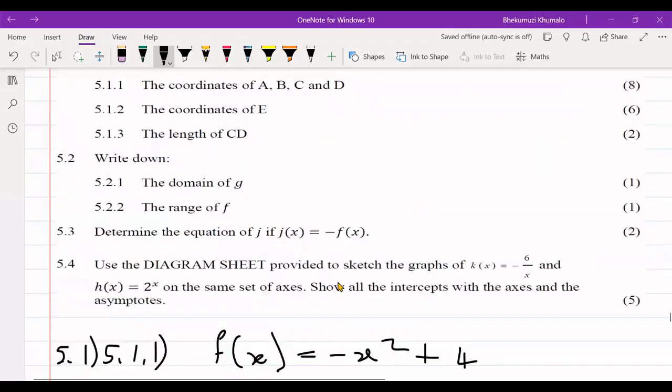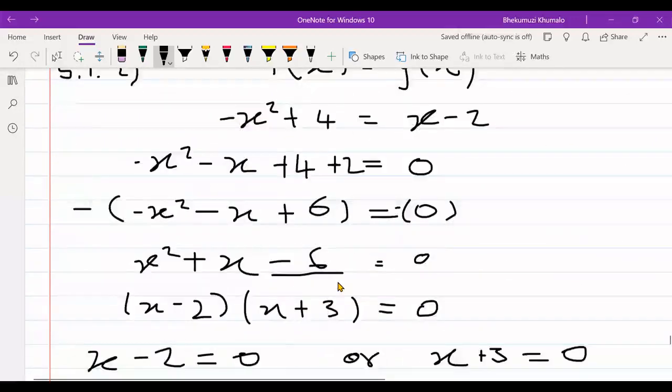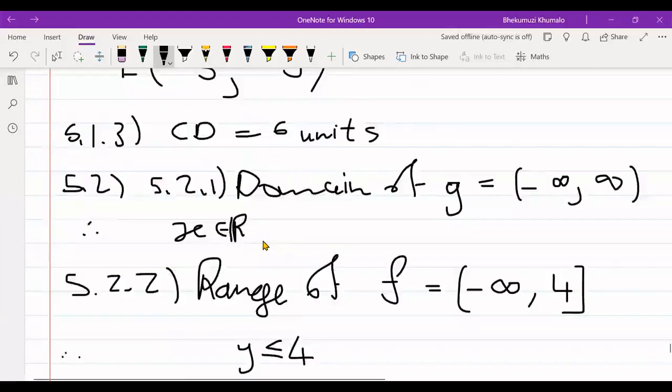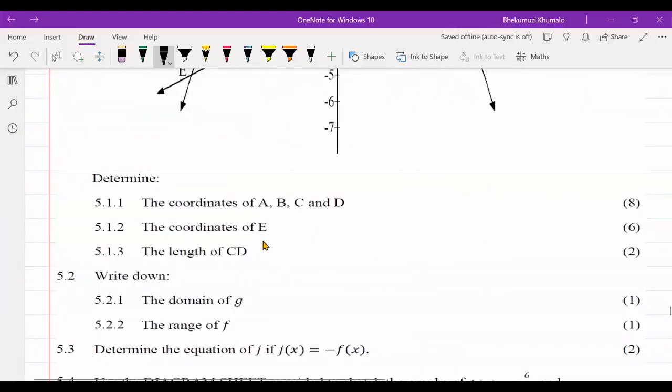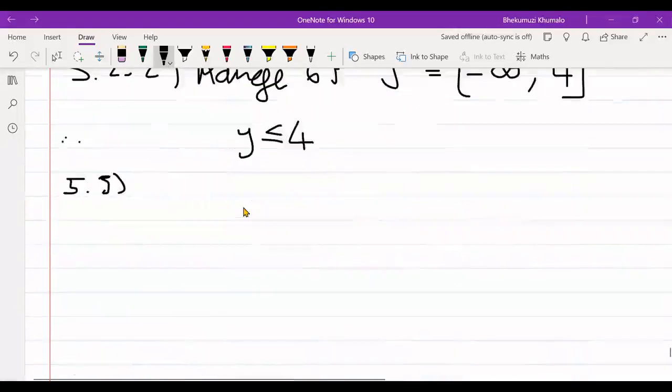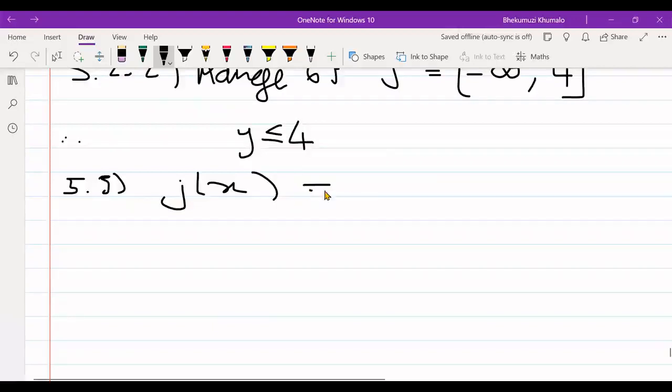Okay, now we go to 5.3. Now they actually tell us something. It looks like we have to create a new equation. 5.3 says determine the equation of j if j of x is equal to negative f of x. This is actually quite easy. Whenever they give you something like this and you just need to make a new function j, you take it as is. They say j is equal to negative f of x.